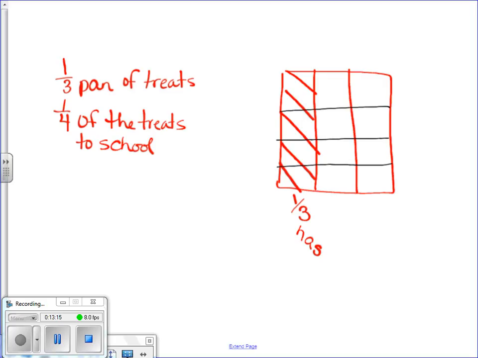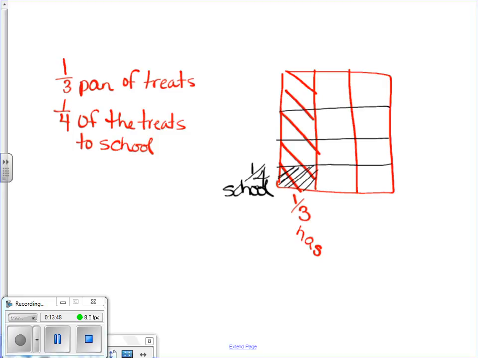Fourths going that way. So how many am I going to shade in fourths? How many? One. Only 1/4. It's only 1 over 4. So I'm going to just do this one because that's the place where they overlap. 1/4 to school.